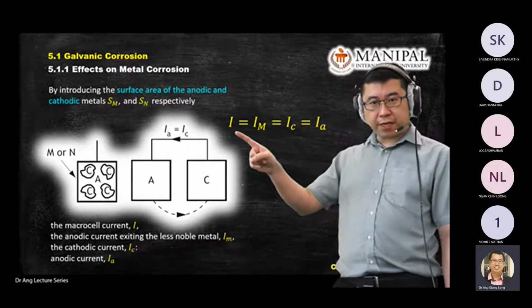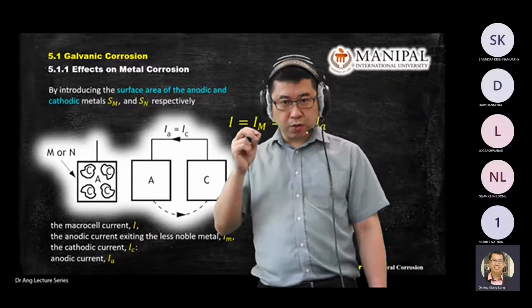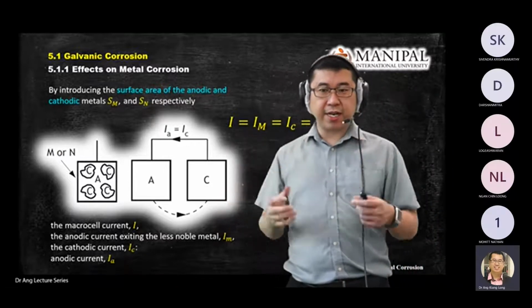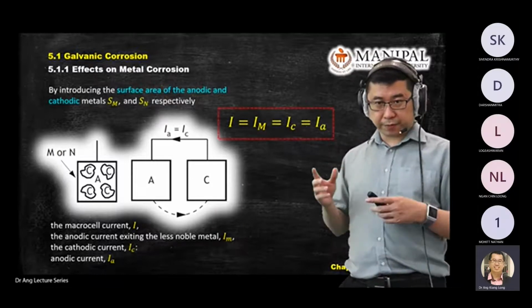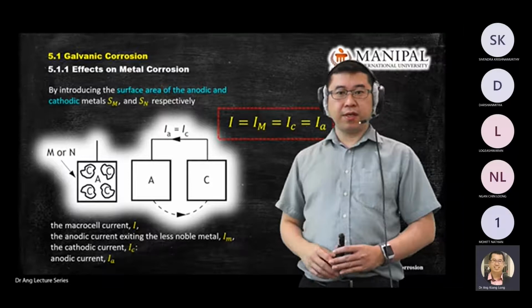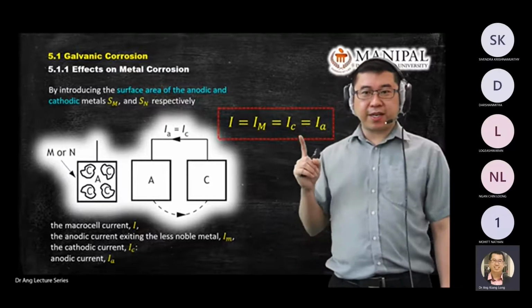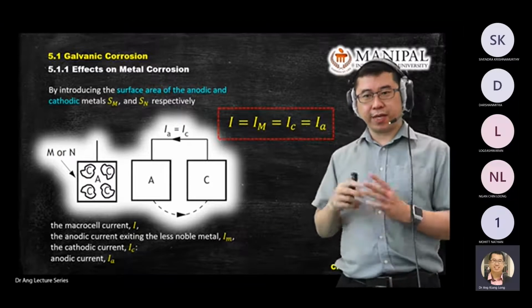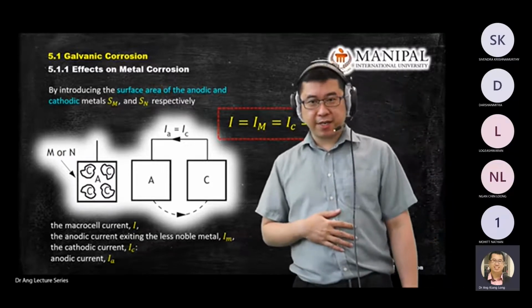Okay, so meaning if the current is equal, then you can analyze the corrosion environment. So this is the first equation for galvanic corrosion. Later we will expand this one. Now we get the concept correct first. So we look at current.